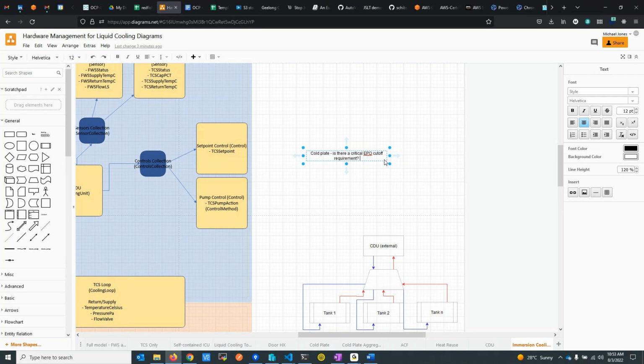And I guess that makes sense. Particularly for chassis immersion, there is a dielectric loop and a water loop through the CDU. So if something happens to a specific server, that will not affect the other servers.